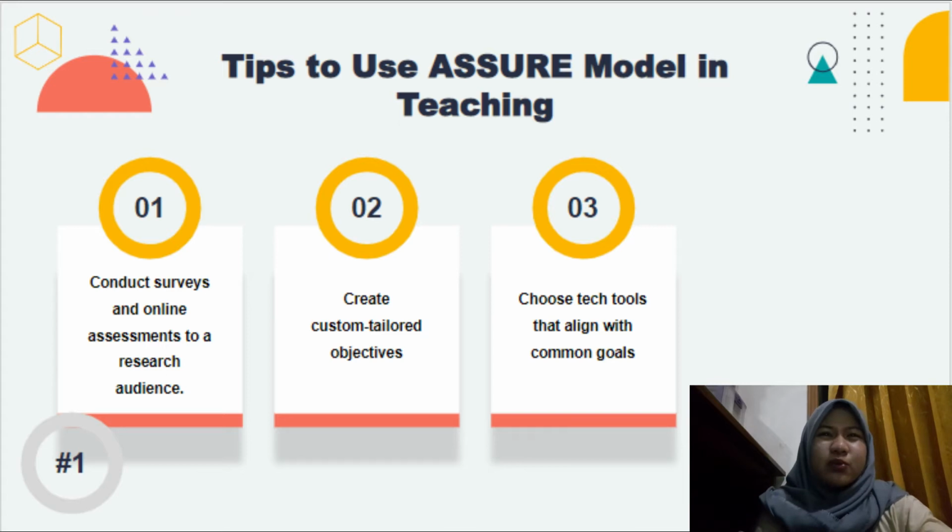Okay, so third we have choose tech tools that align with common goals. One of the most common blended learning strategy mistakes is using the technology just for the sake of the technology itself, rather than finding the tools that are ideal for the particular audience and training goals.